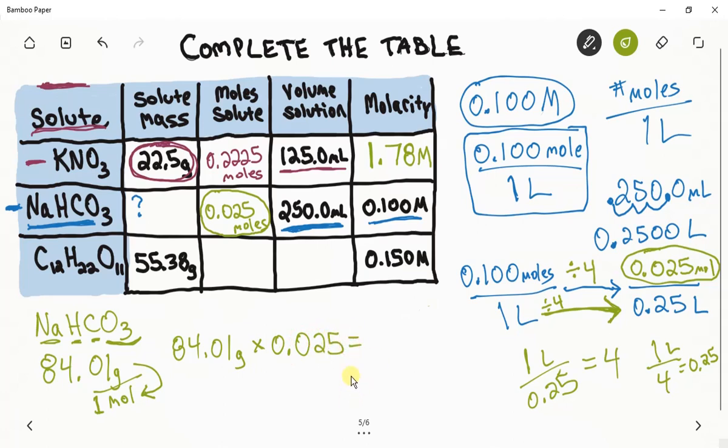So 84.01 grams per mole, and we only have 0.025 moles. That means we only have 2.10025 grams. So that's what I'm going to put in this box. I'm going to erase the question mark, and we have 2.10025 grams.